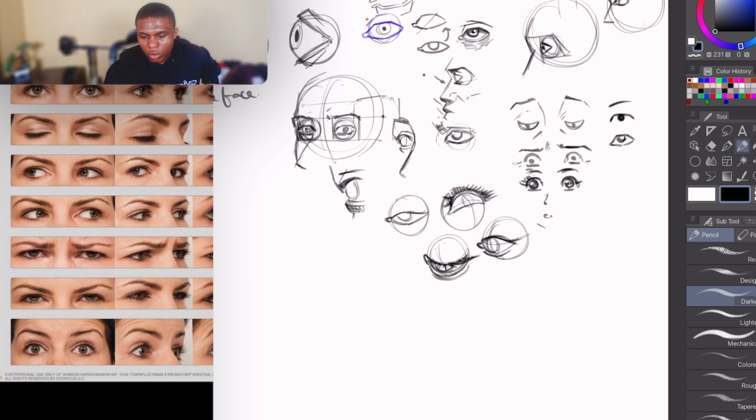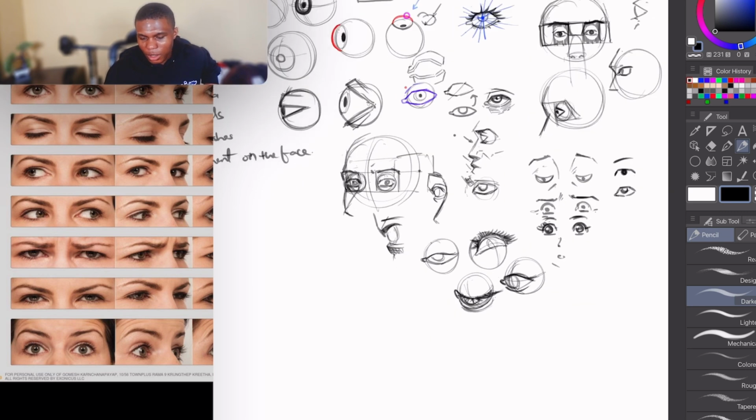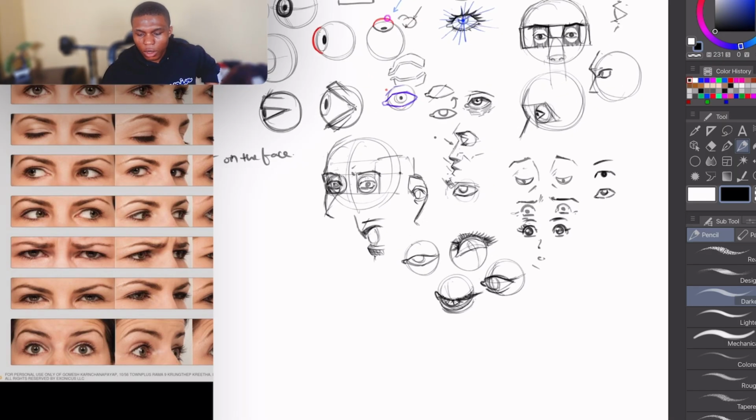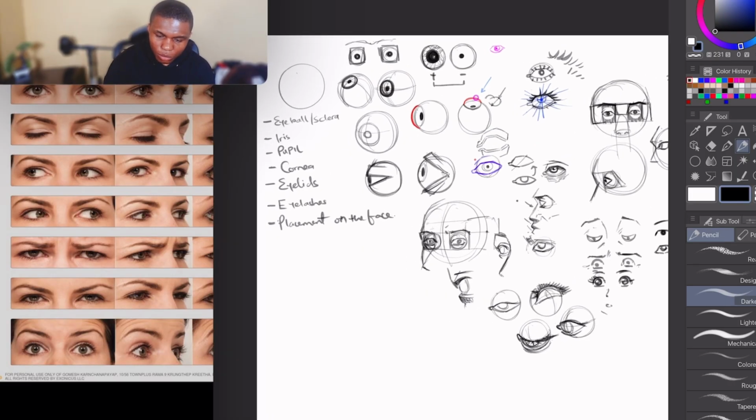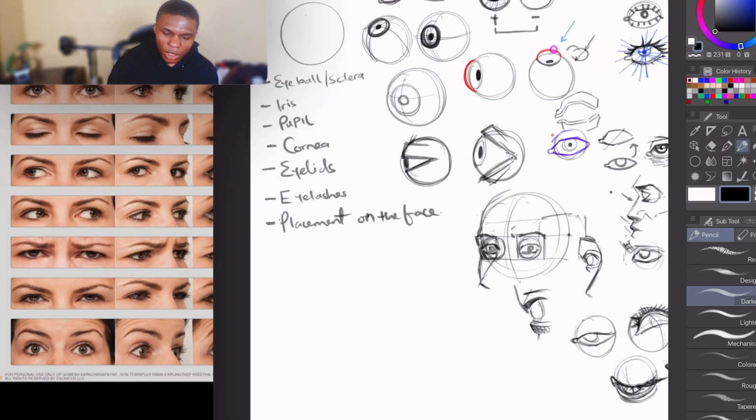So you could just do this ball and leaf exercise to really capture how the eye looks, and improve your drawing of the eye. Essentially that is what I'm trying to say, especially if you're starting out.